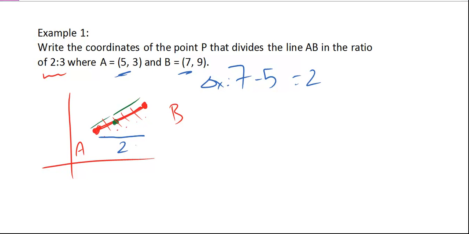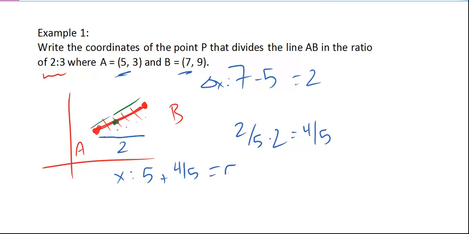Okay, the total distance in the x direction is 2. I want to go 2/5 of the way there. So 2/5 of 2 is 4/5, right? So I'm saying right now I need to travel a distance of 4/5 units from A, right? So that means my x-coordinate is going to be equal to 5 plus 4/5, right, which will give me 5.8.